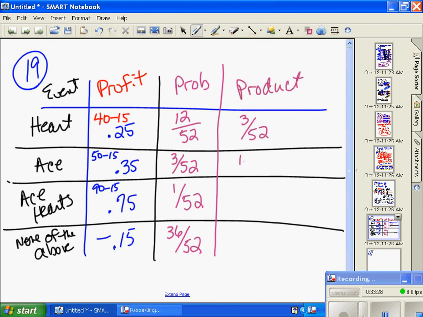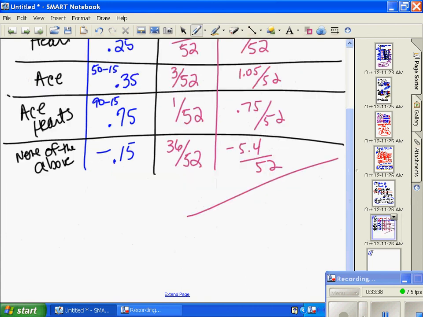Here I'd get 1.05 out of 52, 0.75 out of 52, and then negative 5.4 out of 52. Add them up. The correct answer for that one, and I'm sure you saw that one in the back of the book, E of x is negative 0.6 over 52.